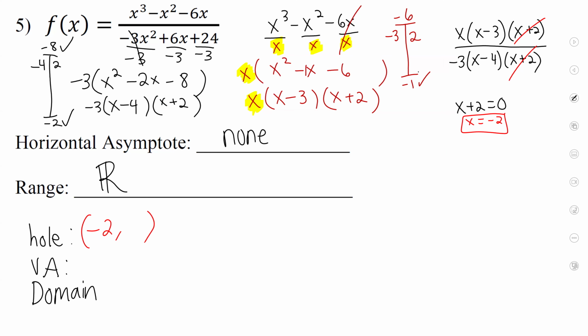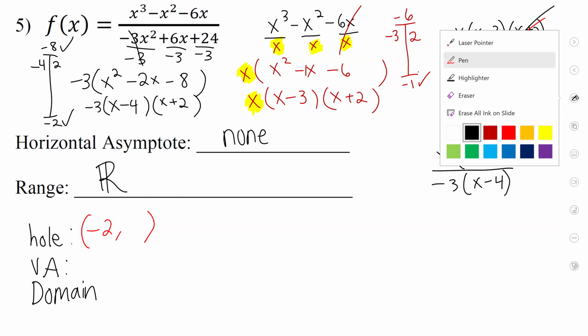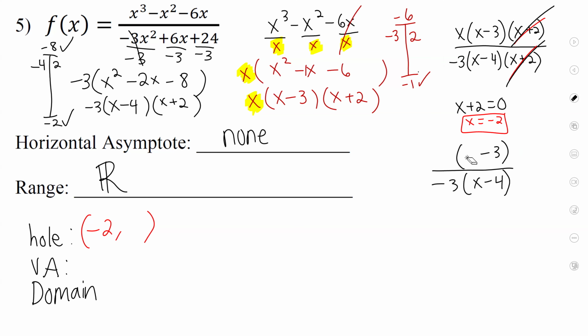Yes. So I'm going to plug it in. So, guys, I'm just going to rewrite this nice and pretty down here. X times x minus 3 over -3 times x minus 4. This is what's left over because we canceled those out. So I'm going to erase these x plus 2's.